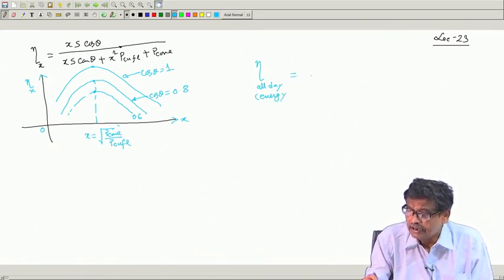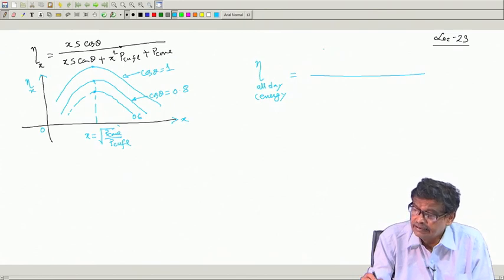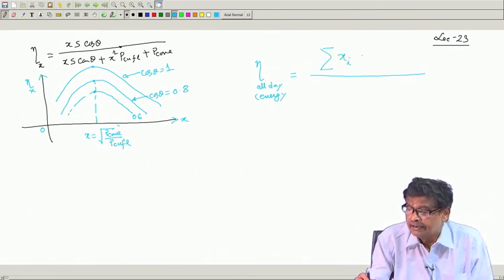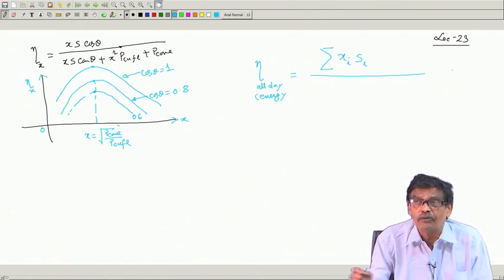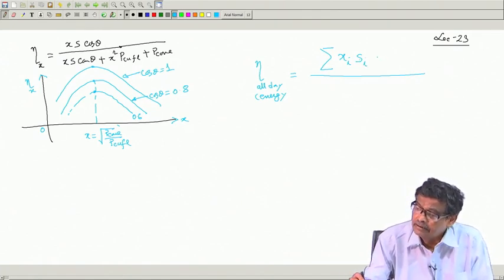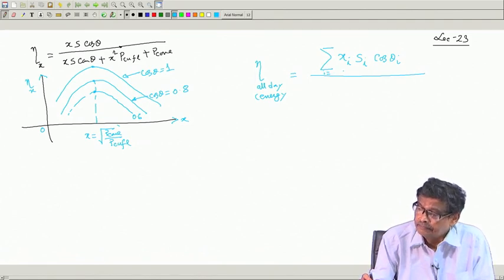And we found that this will be equal to the sum of x_i S_i cos theta_i into T_i, where i is equal to 1 to n.